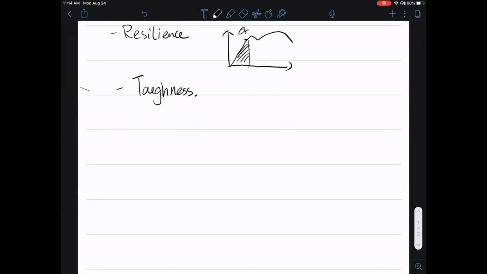Okay, so toughness is the ability of a material to absorb energy and plastically deform before fracture. The definition is a little bit similar to the modulus of resilience.